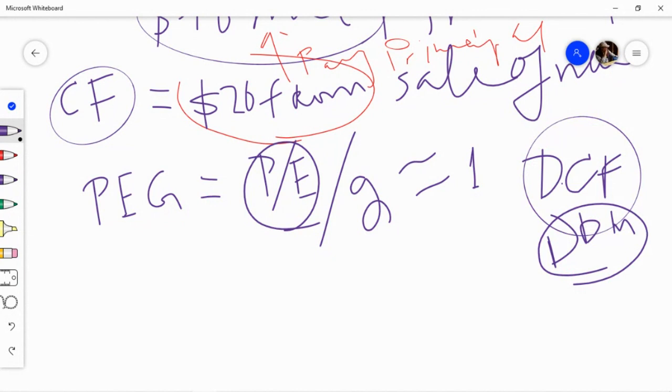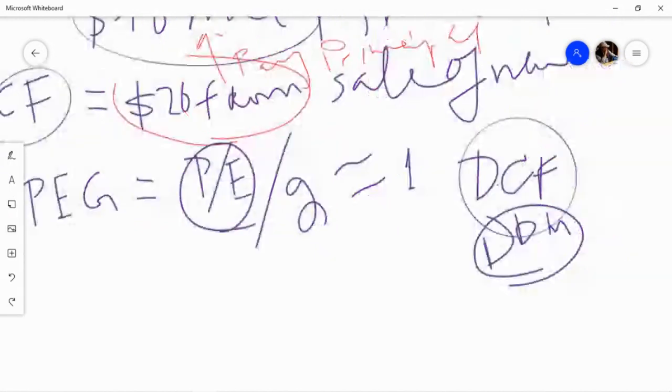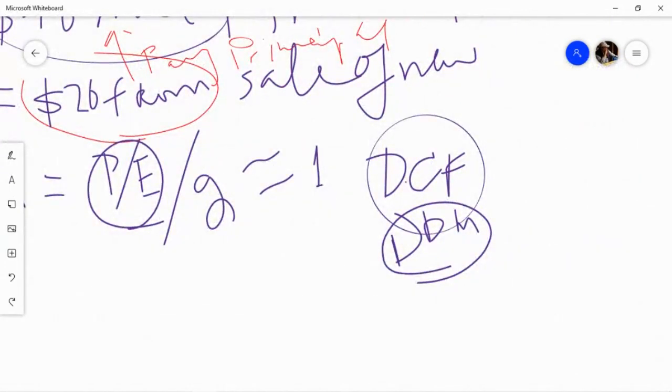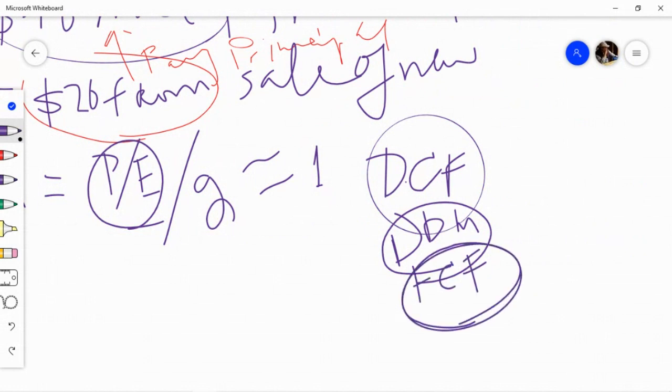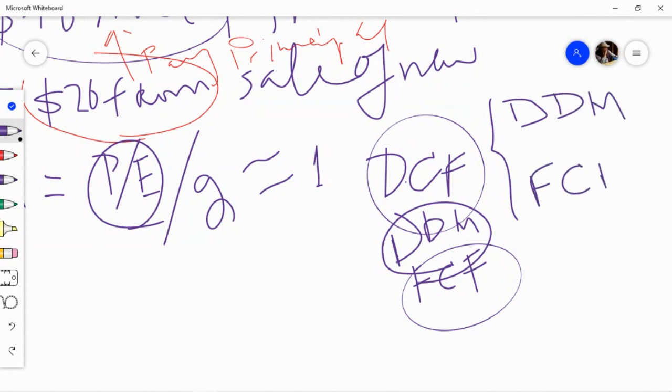Even the free cash flow model is also a kind of discounted cash flow model. So you can say the discounted cash flow model splits into a dividend discount model and a free cash flow model.